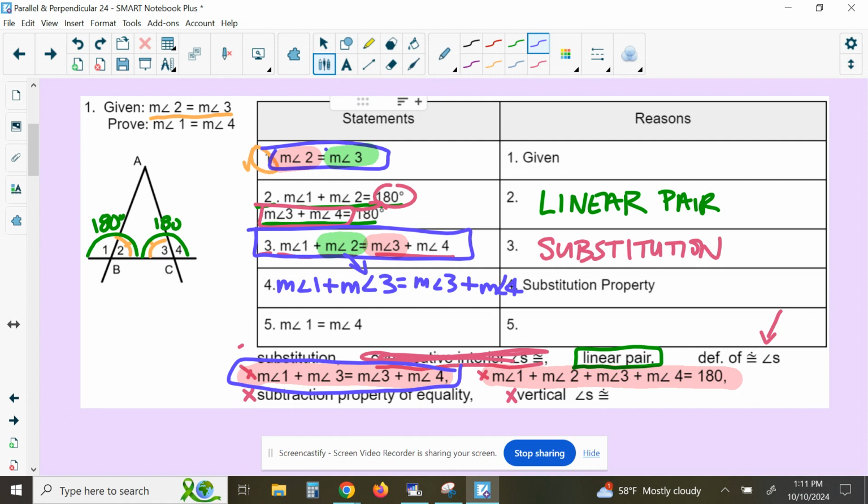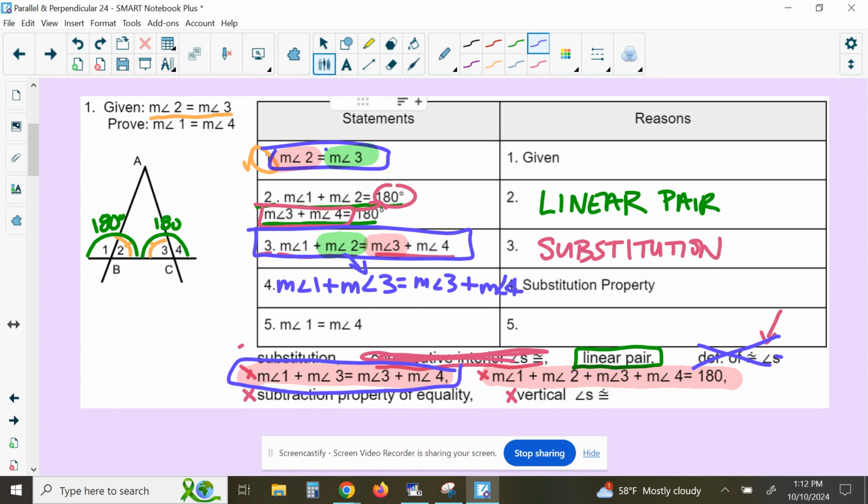Do we know the measure of angle 1? Does anyone know the measure of angle 1? No. Does anyone know the measure of angle 4? No. You don't. You know it's something that can add to the other one to get 180, because that could be lots of numbers, right? So you actually can't use this. You cannot use the definition of congruent angles because the definition of congruent angles is angles that have the same measures. And we don't know anything about angle 4 and 1 as far as numbers go, right?